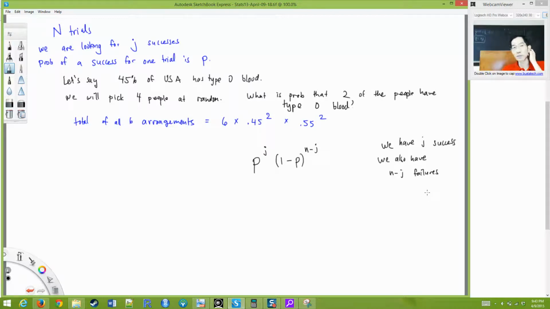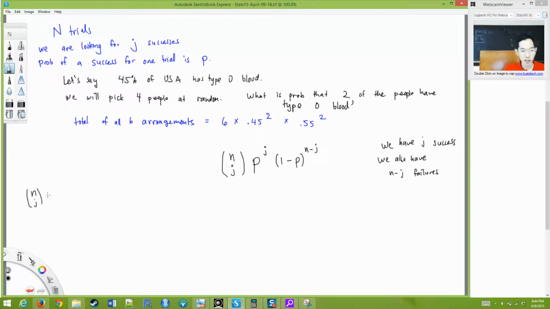So each sequence is going to have the probability p to the j times 1 minus p to the n minus j. And the last part is how many sequences do we have? When we listed them out, we found there were 6 ways to get 2 O's in 4 people. But how do we get that? That comes from the binomial coefficient, which we write n choose j.